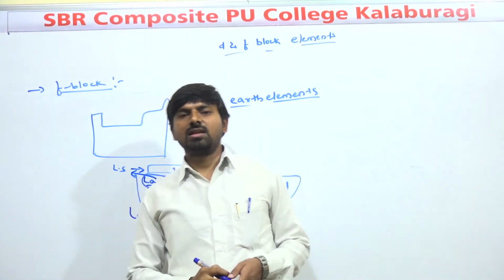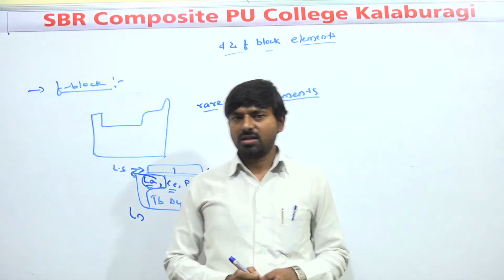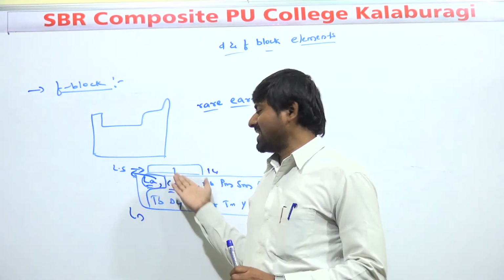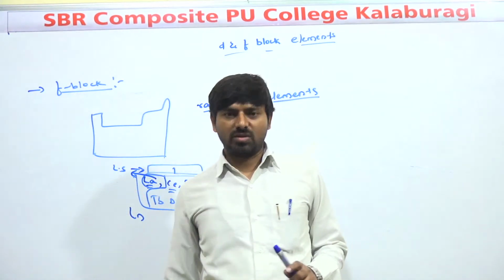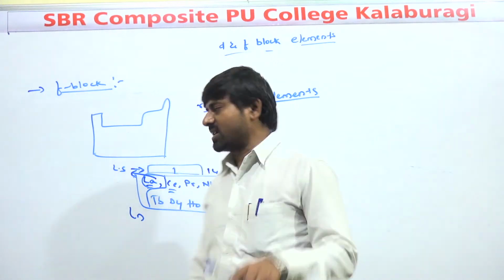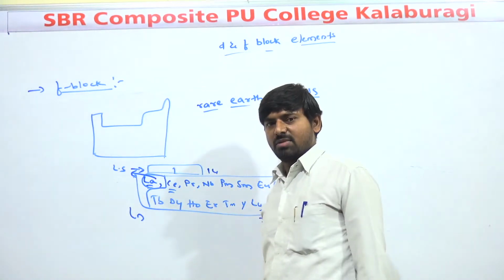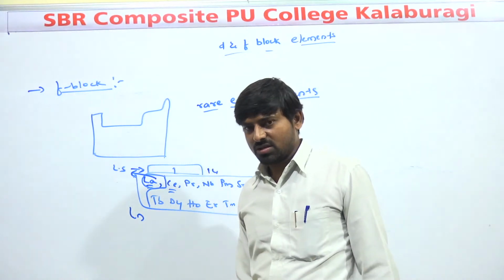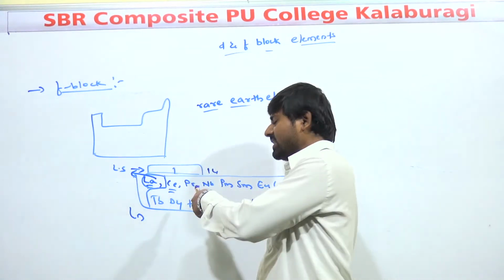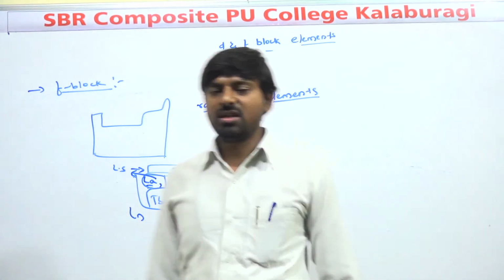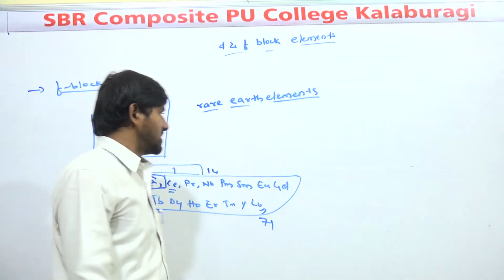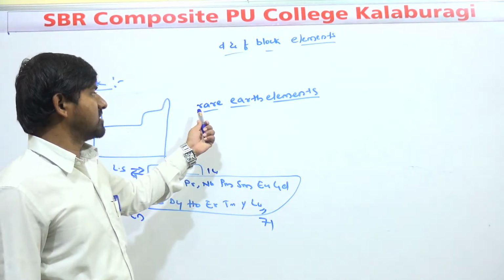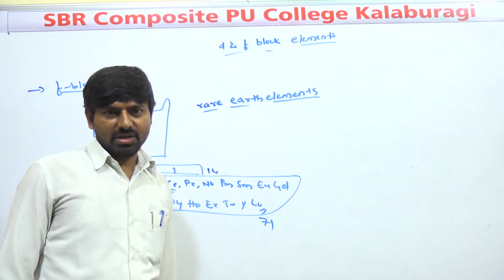The reason is in the earth crust, we get these elements in a rare amount. Means at one place we cannot get it in bulk. It is evenly spread throughout the earth crust. Wherever we get it, it will be in small amount. It is because of that reason that this series is called rare earth elements.